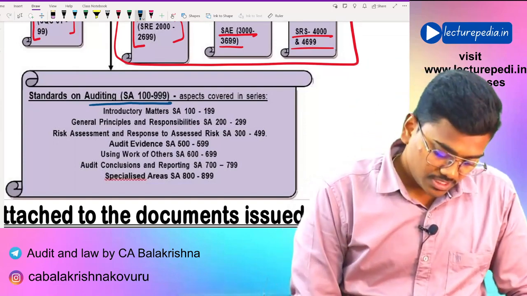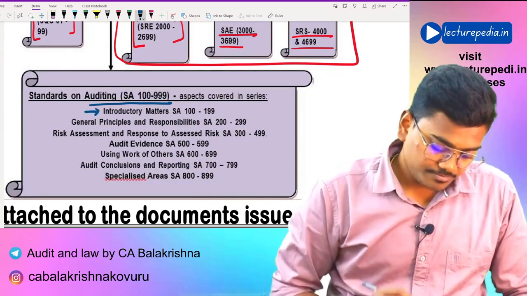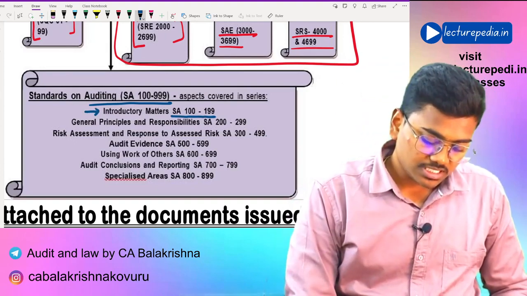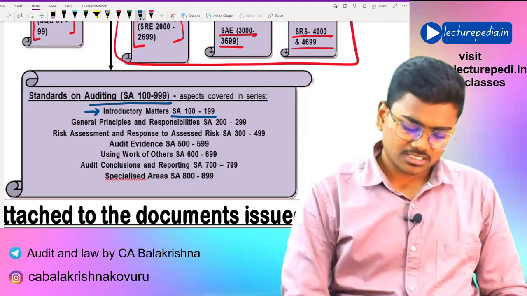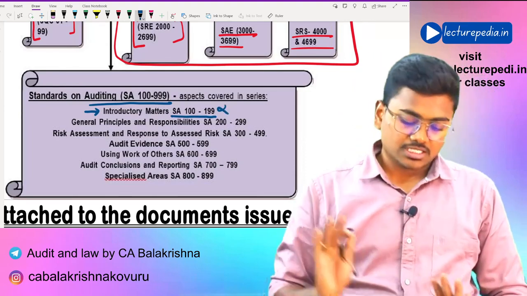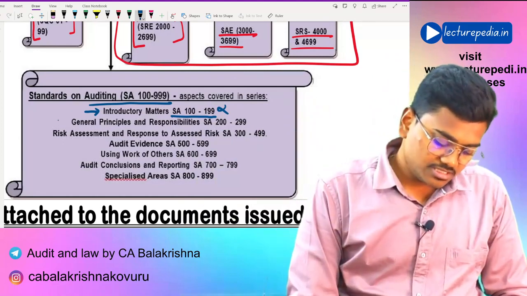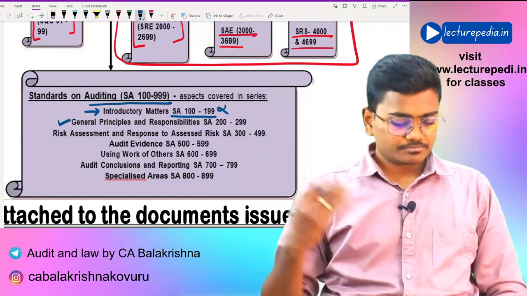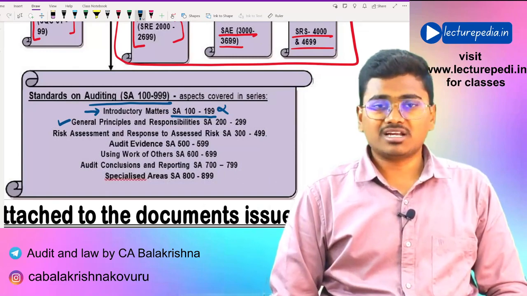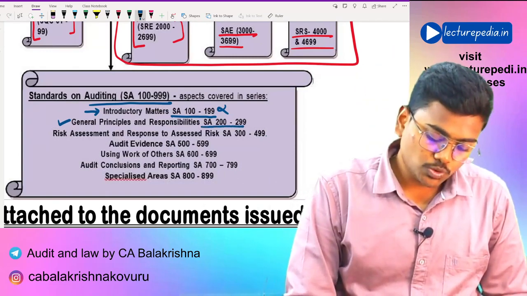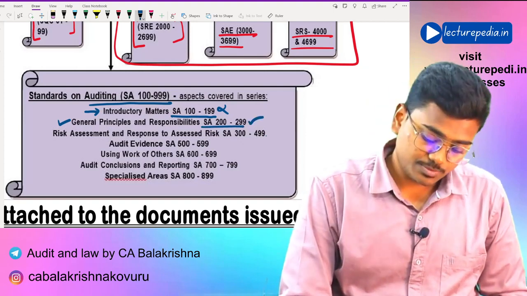The introductory matters are discussed in SA 100 to SA 199. This is not there in our syllabus. Next, general principles and responsibilities of the auditor are discussed in the SA 200 series, SA 200 to SA 299. This is present in our syllabus.